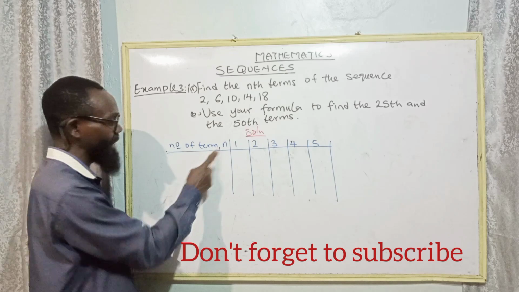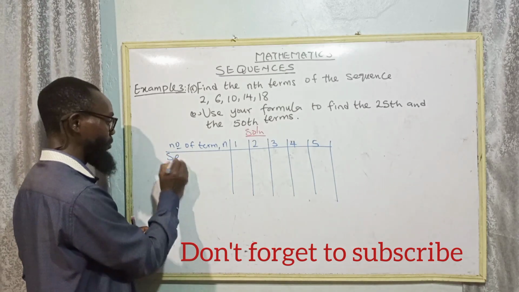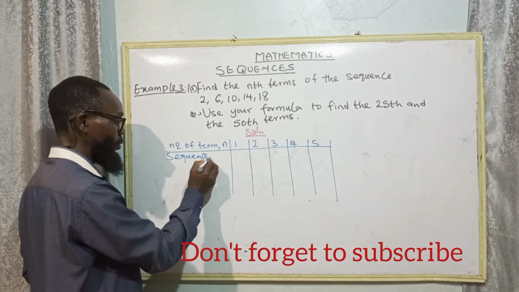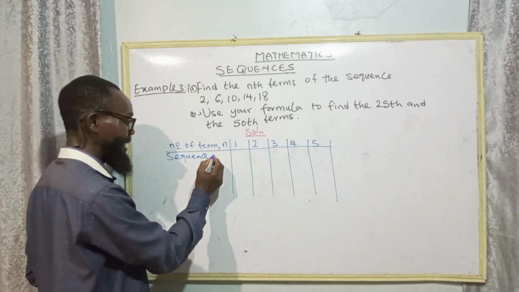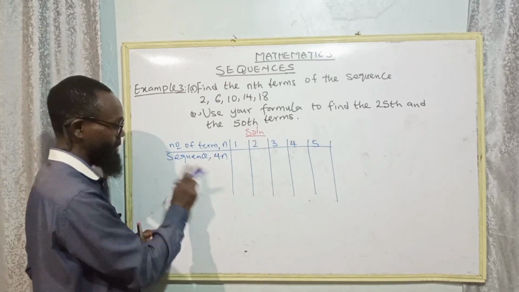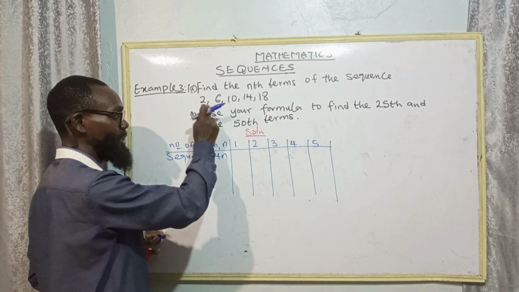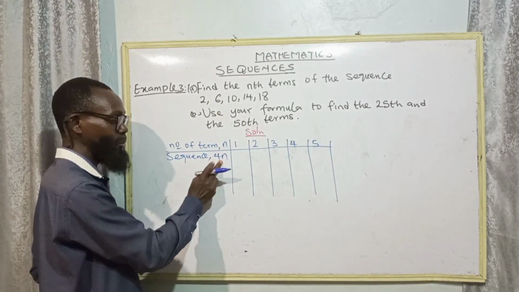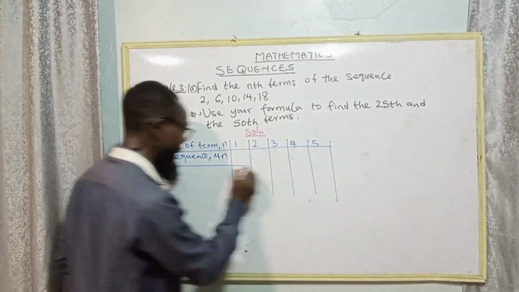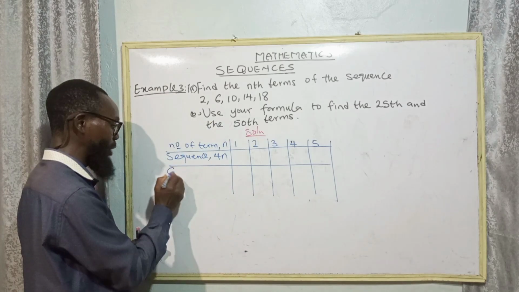Since our common difference is 4, our sequence will now be 4 times n, that is 4n. The difference between them is 4, multiplied by this n, we have 4n.